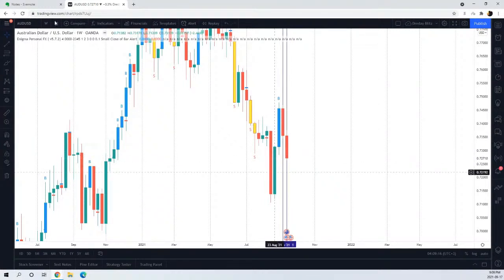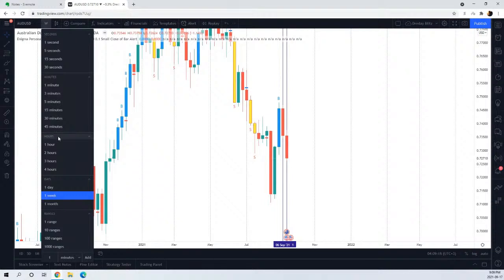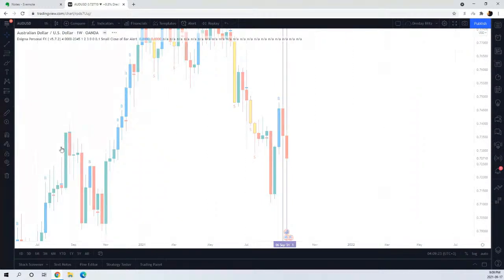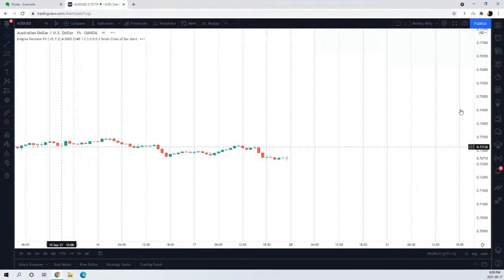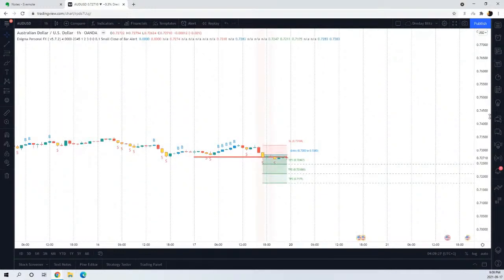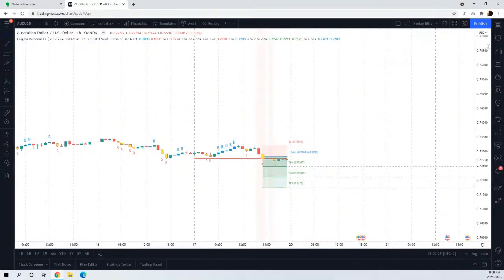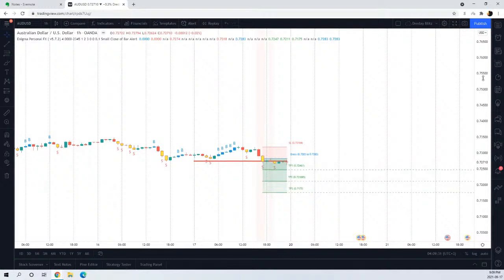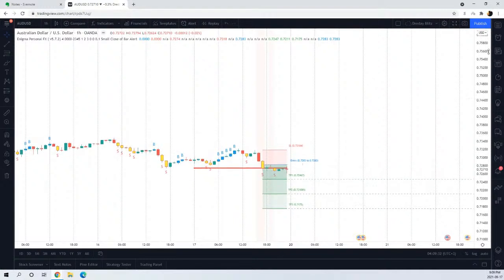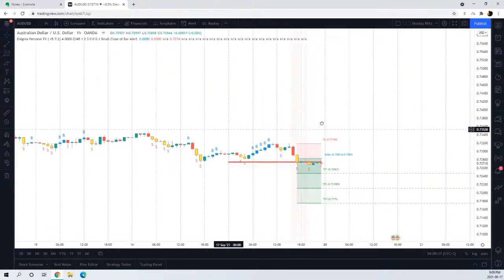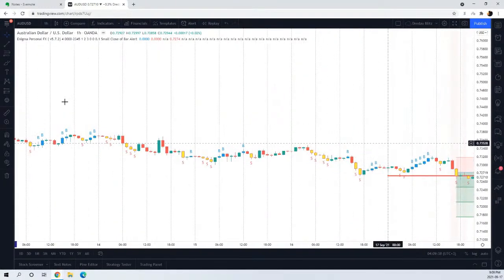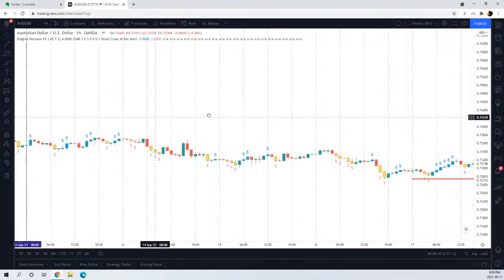If we go down to the 1 hour chart, we're going to see if we have any indication of a sell, and second of all, if we have any trades that were given by Enigma.